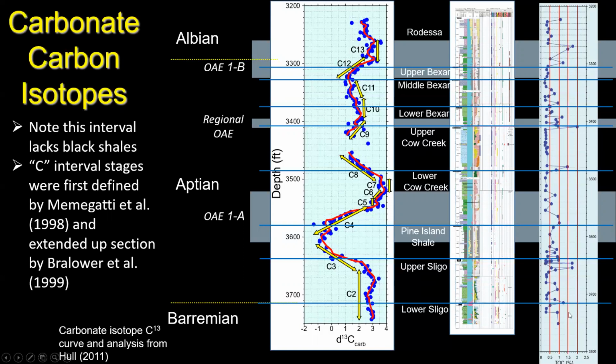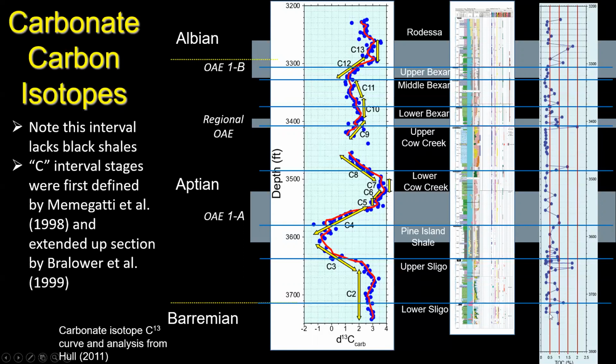And note there are only a few zones in here that have a little bit higher TLC, and they're sporadic going up through this section. On Thursday, I'll try to relate these more back to the stages of the OAEs. But much of the section through here has low TLC values of 0.3% or less.